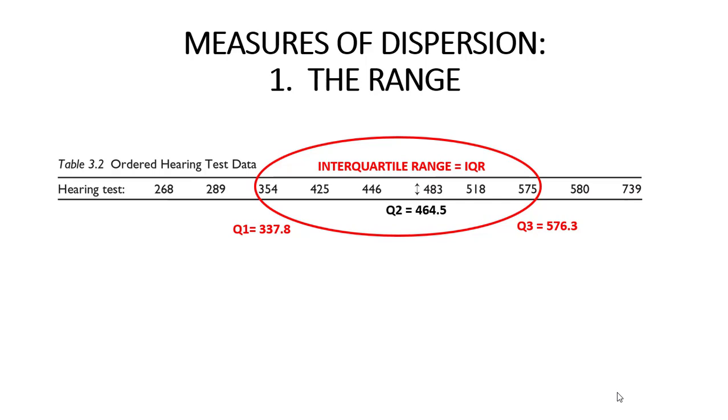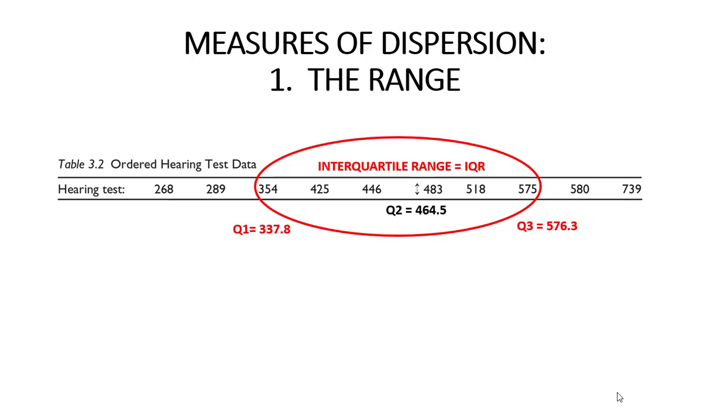Notice the interquartile range covers 50% of the data. So to the left of this we have 25% of the data, and to the right we have another 25% of the data, and that's how we have all the range of the data.